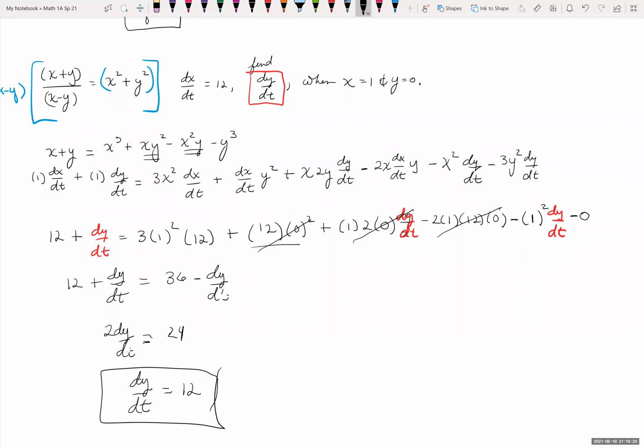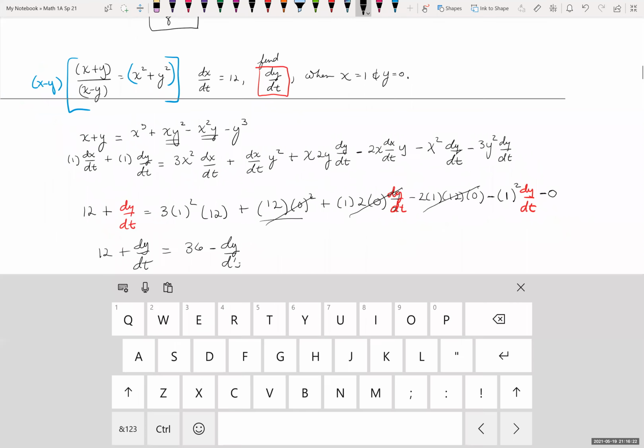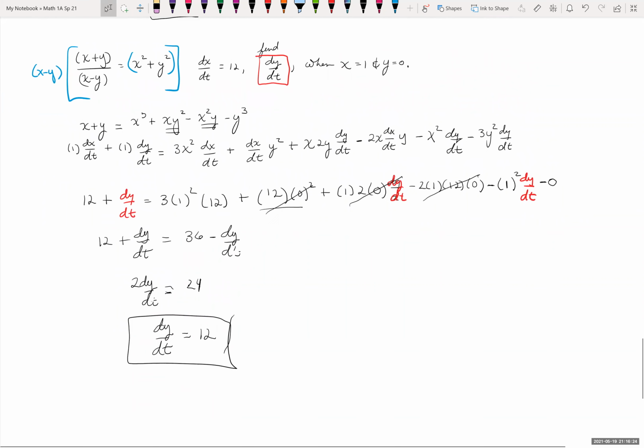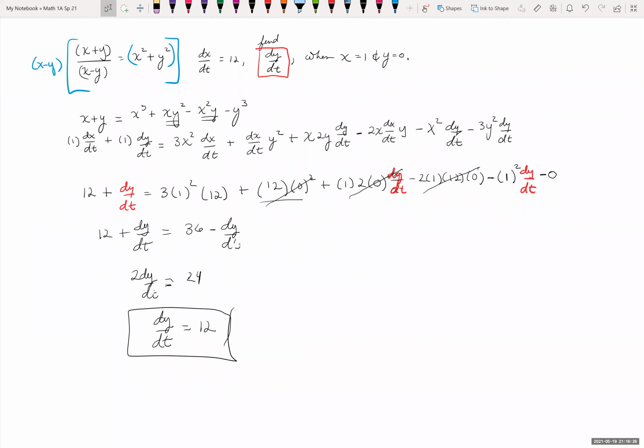So let me just see what the question is, and then we'll stop there. Oh no. My computer's freezing. So I have to get out of here.